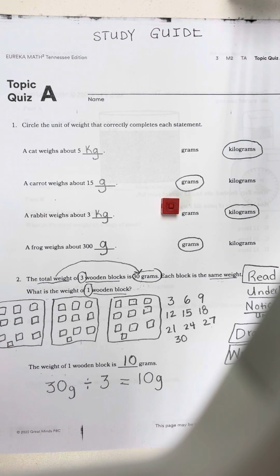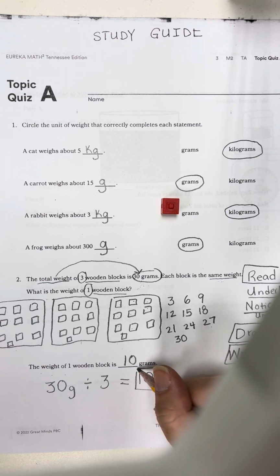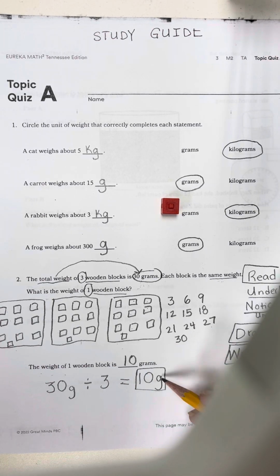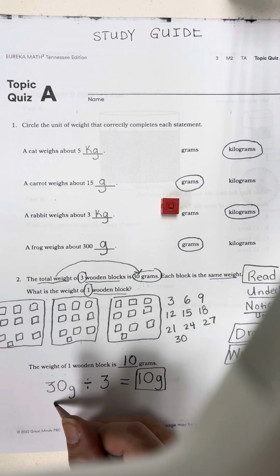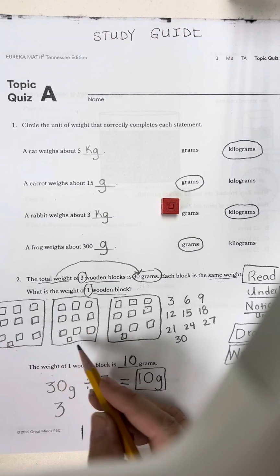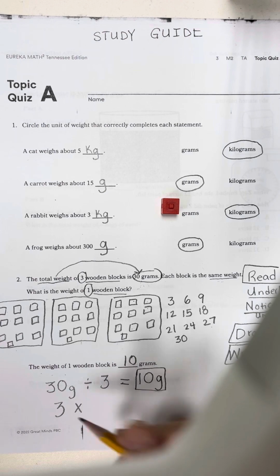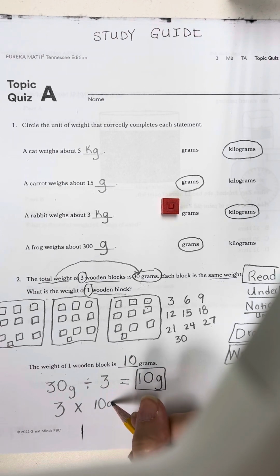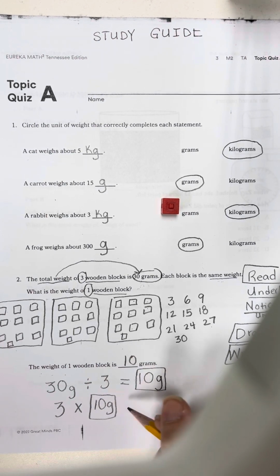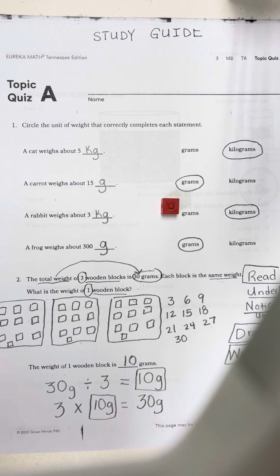In this case, it would be a missing factor multiplication, as 10 grams was our answer or quotient. So here I would say I have 3 blocks that each weigh 10 grams, and that is the same as 30 grams total. Just as long as the student is boxing up the correct information, that being the information they were not given, the information they had to find.